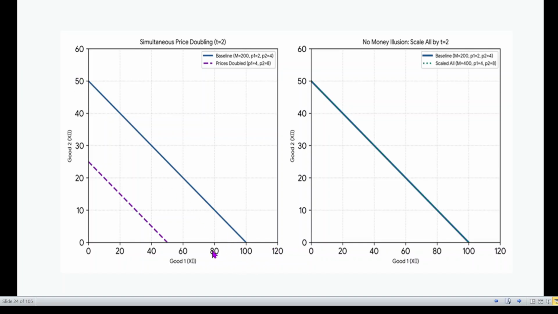And when the price doubles, price 1 is equal to 4 and price 2 is equal to 8. This is the price doubling, the inward shift. And with no money illusion, scale all by t equal to 2. This is the baseline and the scaled budget here. It looks like this graph.